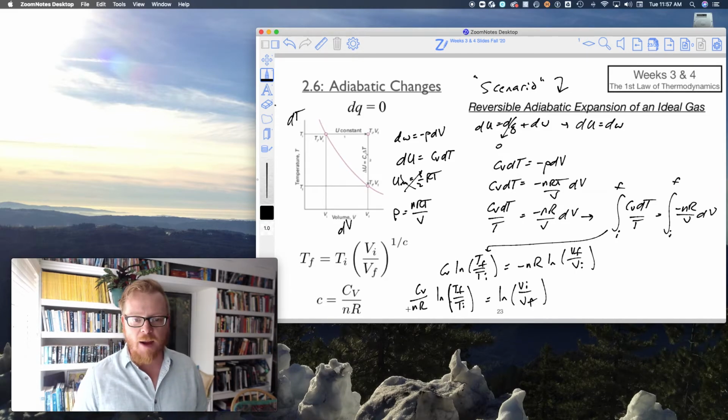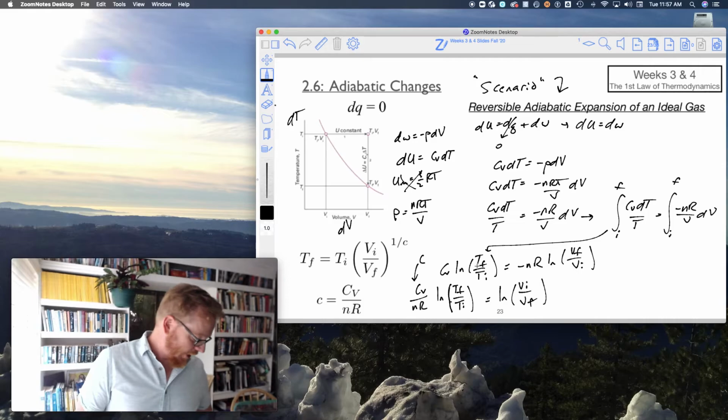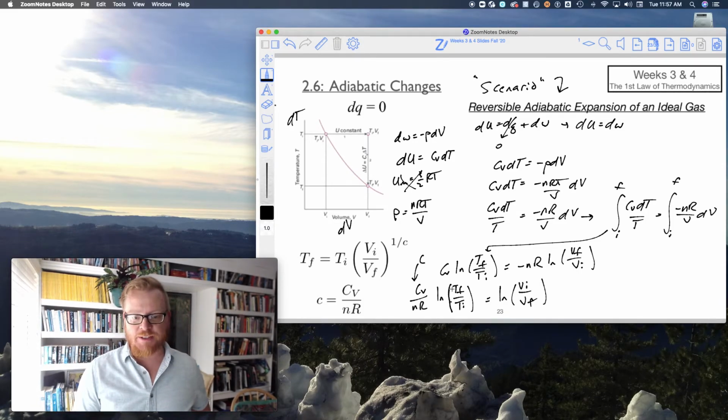Okay, I'm going to call all of this stuff lowercase c, okay? And there's another log trick that I can do, and that log trick is when I have something in front of a natural log, I can raise it to the power in the log itself.